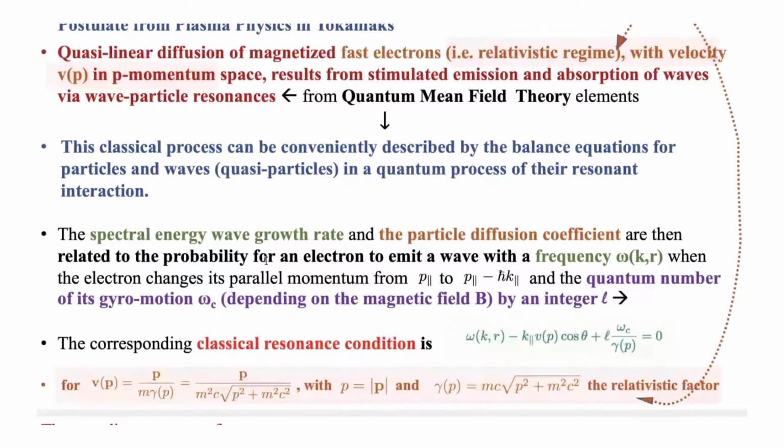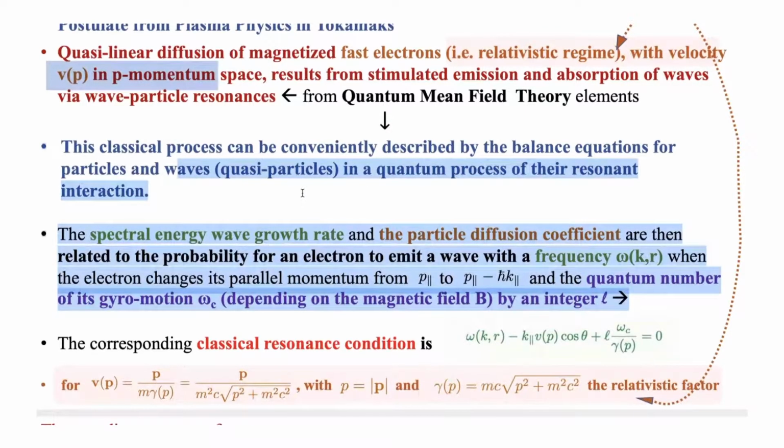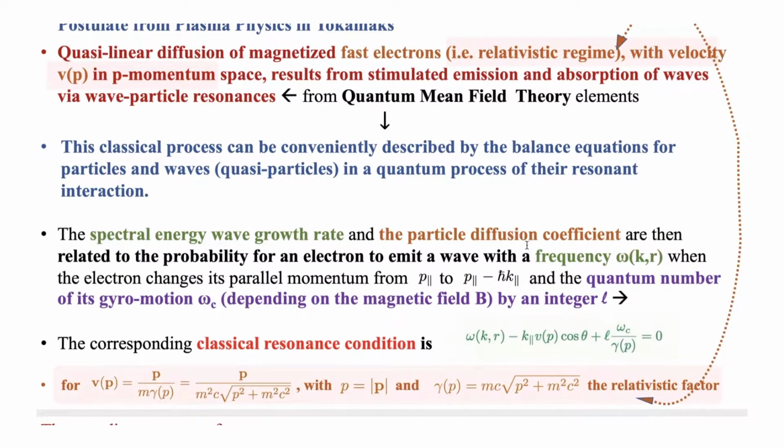Then you have the spectral energy wave growth rate, which is these waves I'm talking about, and this is what I'm going to refer to as the spectral energy growth rate. I put it in green font because I want you to follow that the coupling is going to be anything that comes from these quasi-particles, the spectral energy, while the particles from the PDE, in the classical sense collisional particles, are going to be a diffusion model whose coefficients are going to be entangled between the two of them.